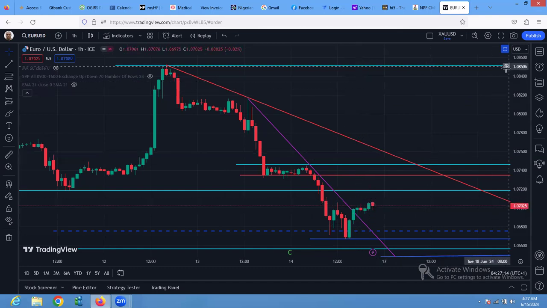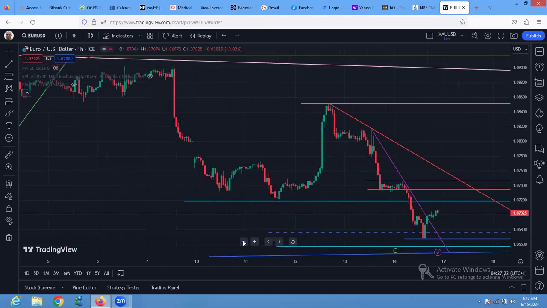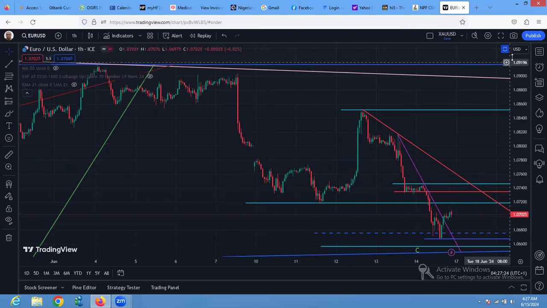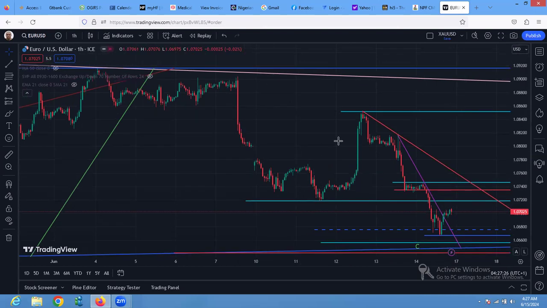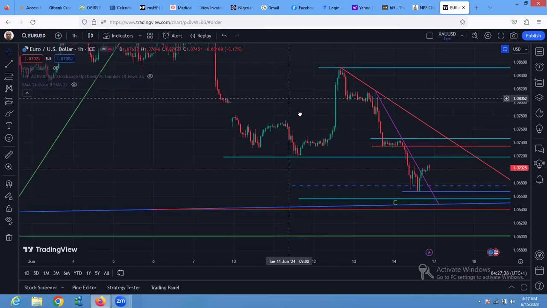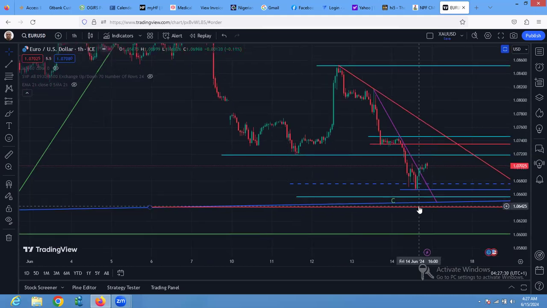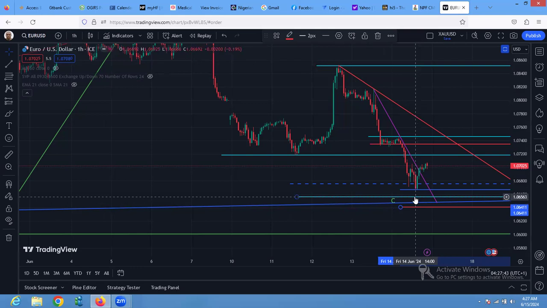Now, what we will have at the back of our mind is that since we know that price still has the tendency of coming to this red line, price may still want to come there. But we know that at this point is the point of 100 extension to the downside.